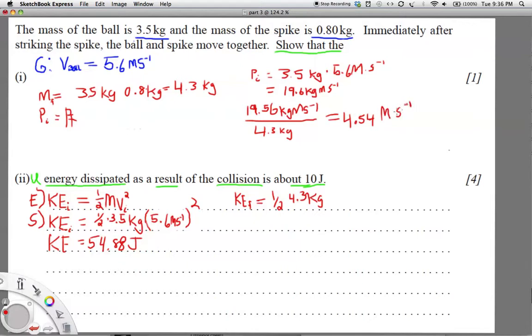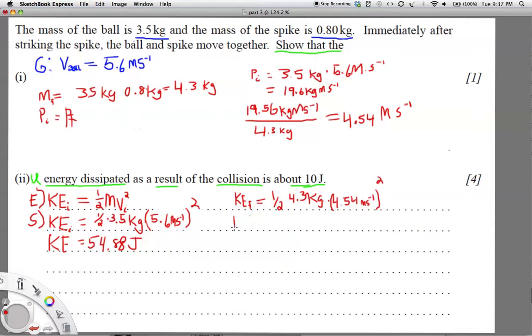Now I can plug this velocity into my kinetic energy final, with the speed squared, in meters per second squared.